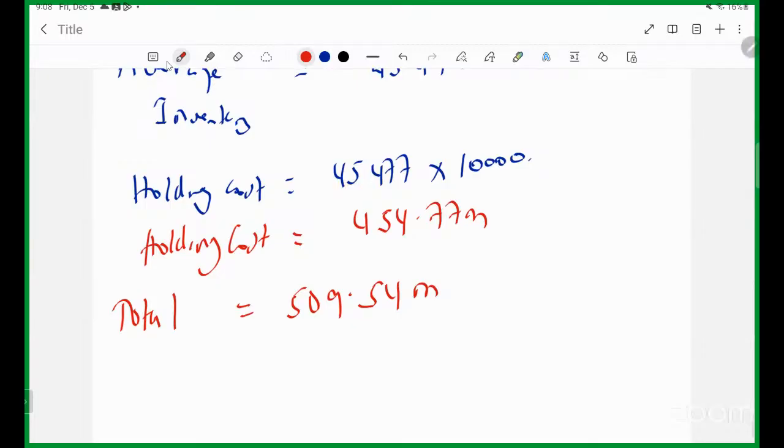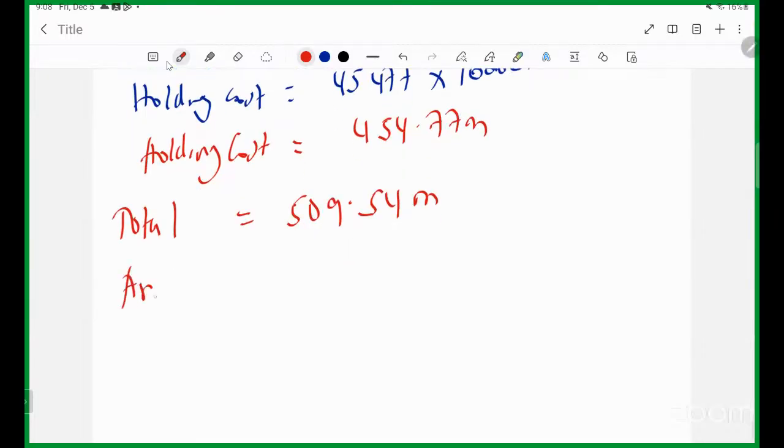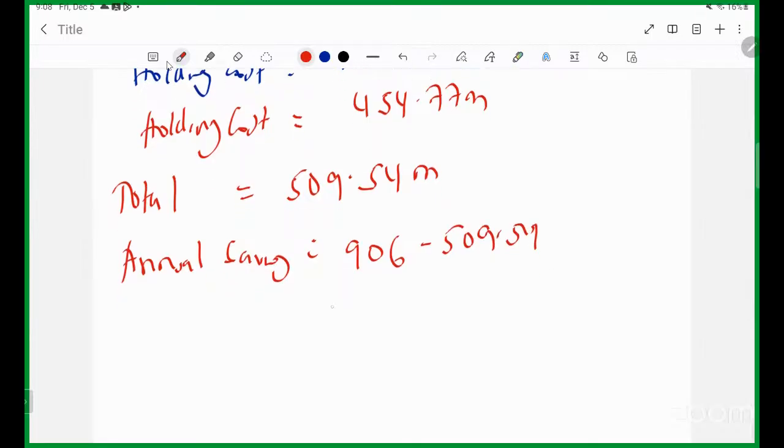Of course, the annual savings is equal to the 906 minus the 509.54. What do you save? 396. Okay, 396 million. Ladies and gentlemen, here you have to conclude.